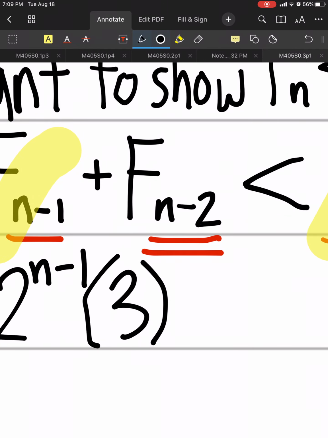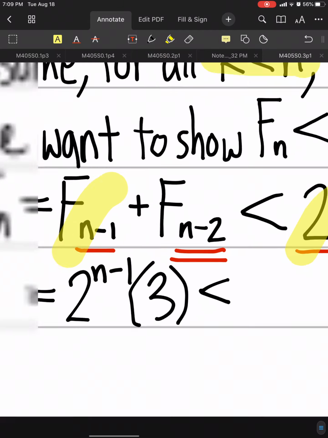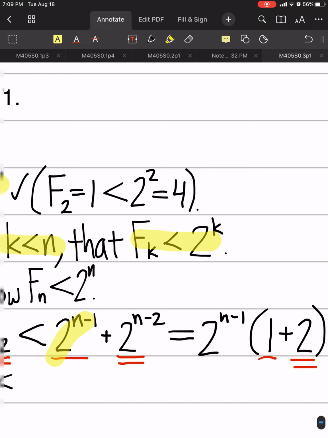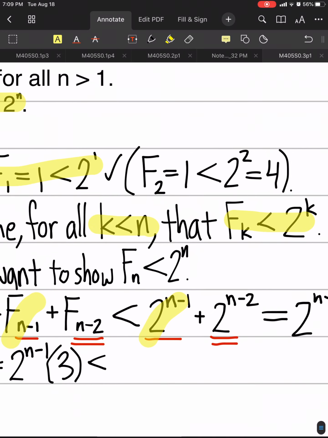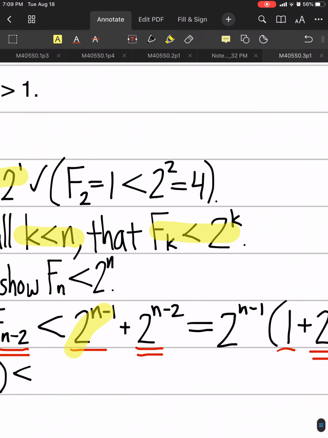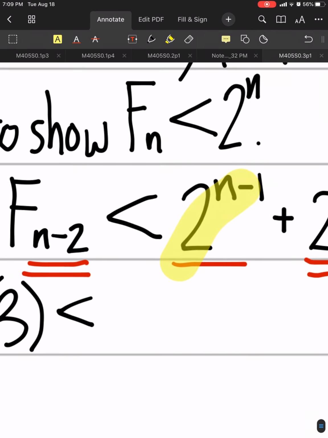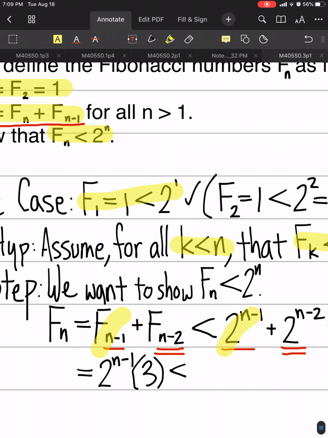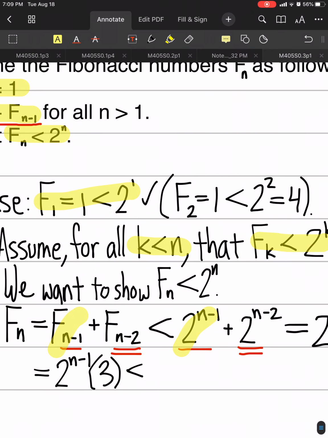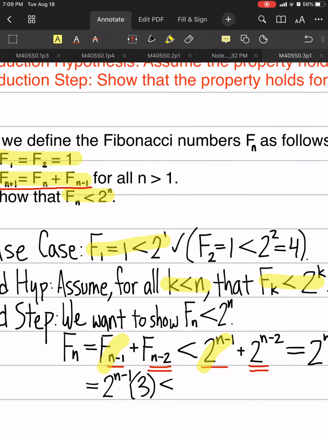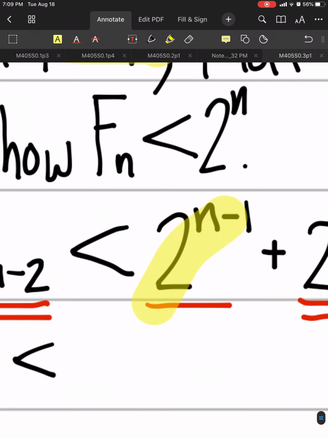If you don't know that this is what you're doing, it might take a little while to think about this, but we want this to be less than 2 to the, hang on. Let me make sure I'm doing this right. Did I make a mistake here? No, okay, I think I'm good.